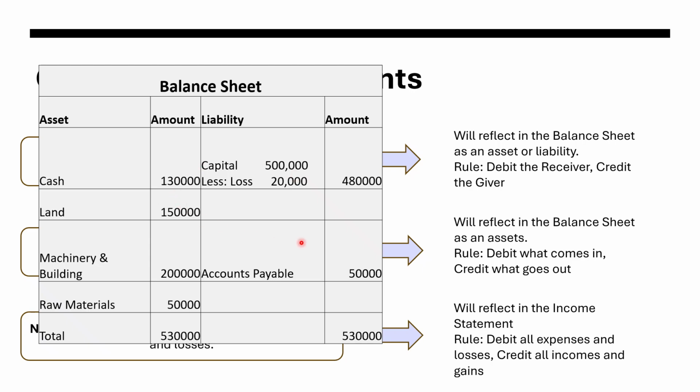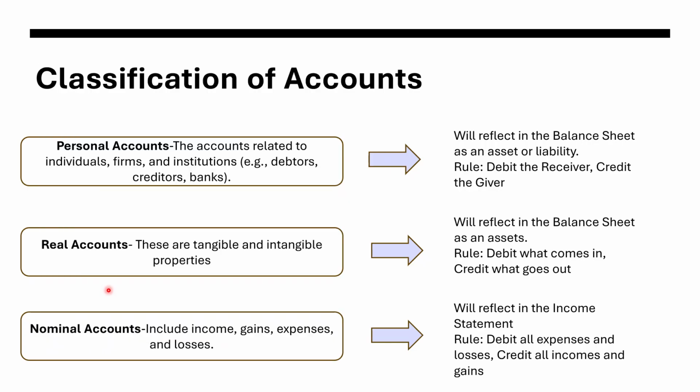So these two are reflecting here on the liability side. Now, if Clue had undertaken any sale on credit, then the person to whom Clue has sold is a debtor, and that will appear on the asset side as accounts receivable. And the rule for personal accounts is debit the receiver, credit the giver.